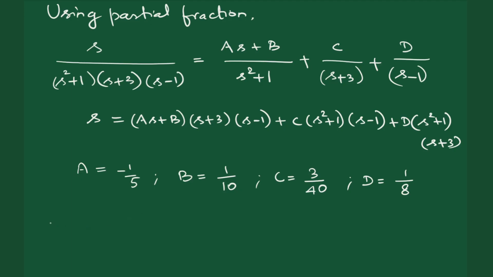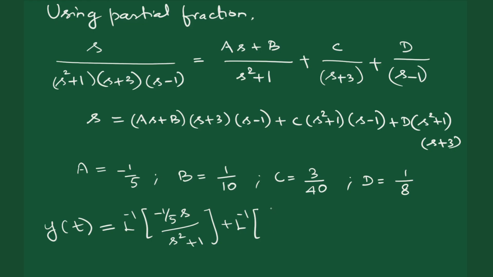After getting this, then y of t, we can write it as L inverse of (as plus b). We can split it as as by (s square plus 1) plus b by (s square plus 1). So what we can do here is minus 1 by 5 s, this is as, divided by (s square plus 1), plus L inverse of b is 1 by 10.